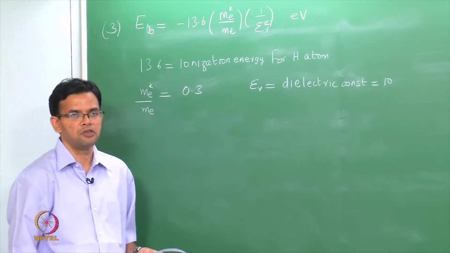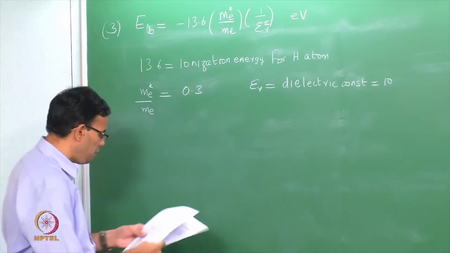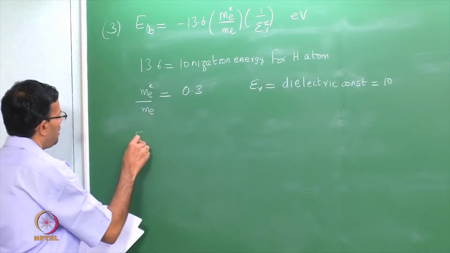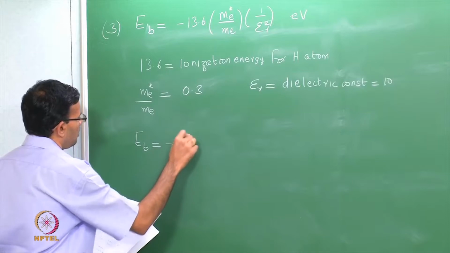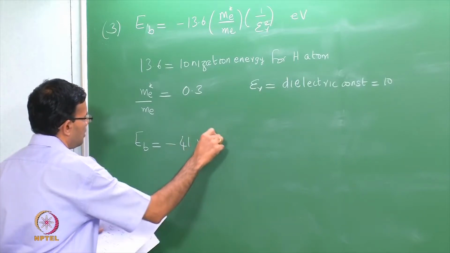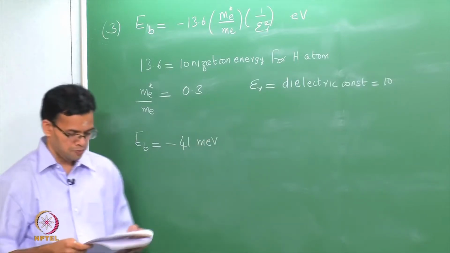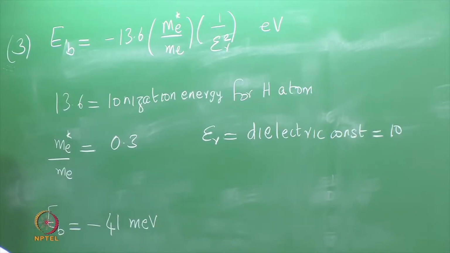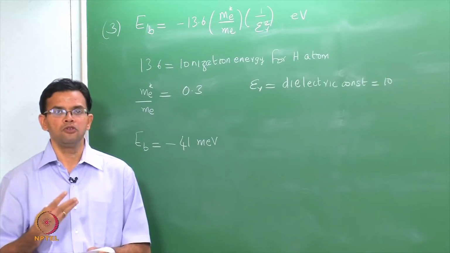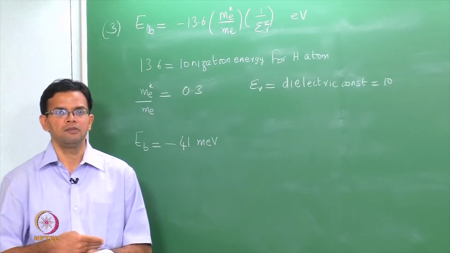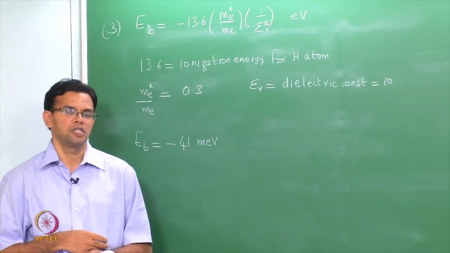We can substitute that and evaluate EB, and EB if we calculate comes out to be minus 41 milli electron volts. So, this is the ionization energy of the donor atom. So, this is the energy that is required to remove the electron from the donor atom and take it to the conduction band.